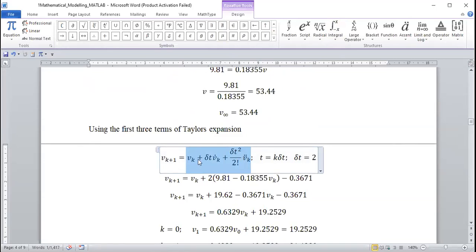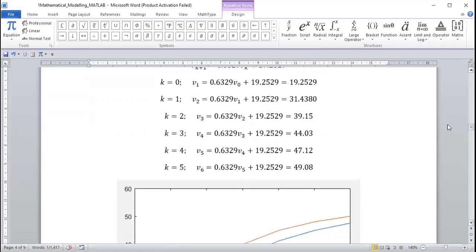So here, I tried using the first three terms, then I got these values. These values are closer to the original solution, though it's still not the same as the exact solution, because we are just trying to approximate.